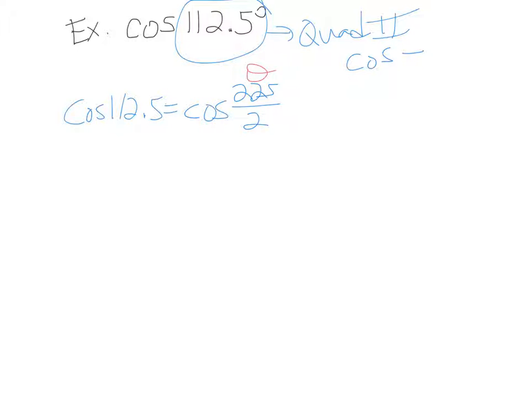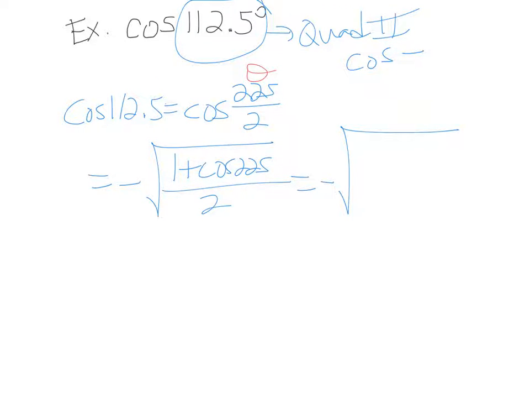So everywhere I see a theta in the cosine formula, I'll put 225. So it's negative square root of 1 plus the cosine of 225 over 2 equals negative square root of, and when I look up on the circle, the cosine of 225 is negative square root of 2 over 2, over 2.